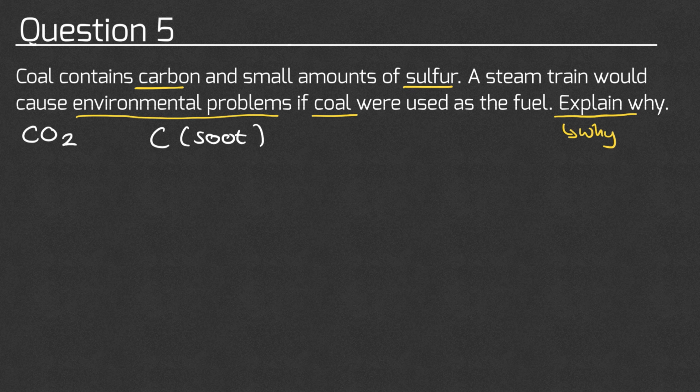So the question tells us that carbon is used in the fuel, and we know if we do complete or incomplete combustion of carbon-based fuels, we produce carbon dioxide and solid carbon or soot. If we burn a fuel with a small amount of sulphur in, that sulphur is oxidised to sulphur dioxide. So we can now look at the environmental problems of each of these.